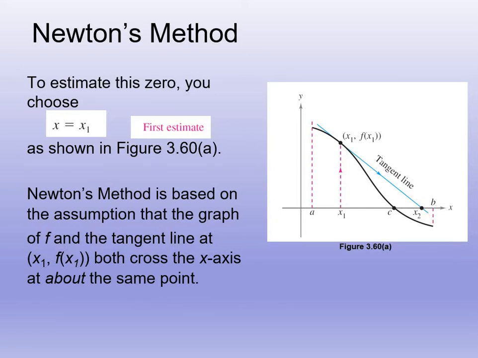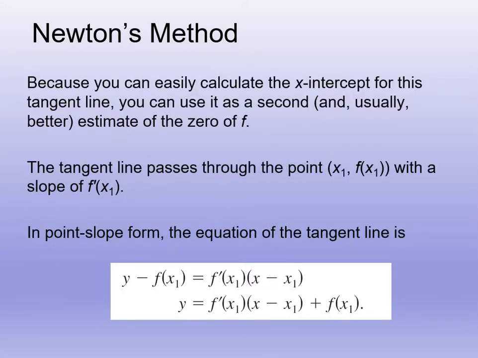We are going to arbitrarily pick an x value that's close to where we think it crosses the x-axis, and then we're going to do what we call iterations. We're going to do a couple different trials as we go through this.